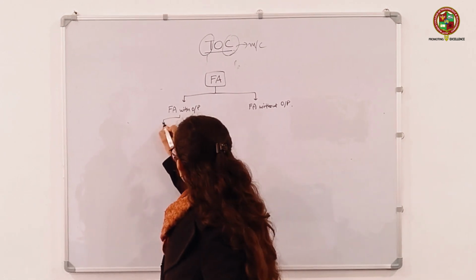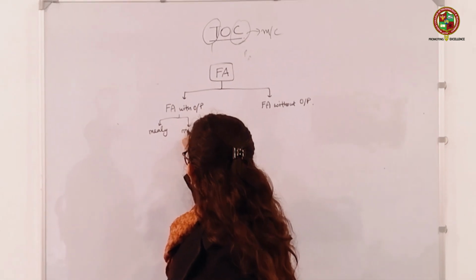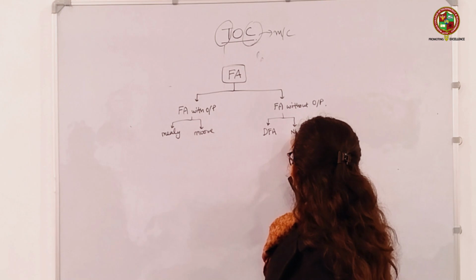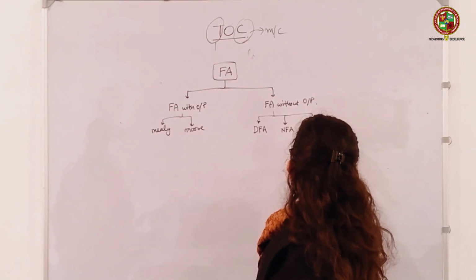Here we have the Mealy and Moore machines, and here we have DFA, NFA and null NFA.